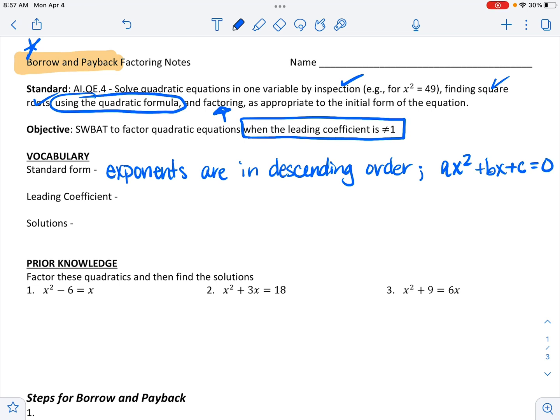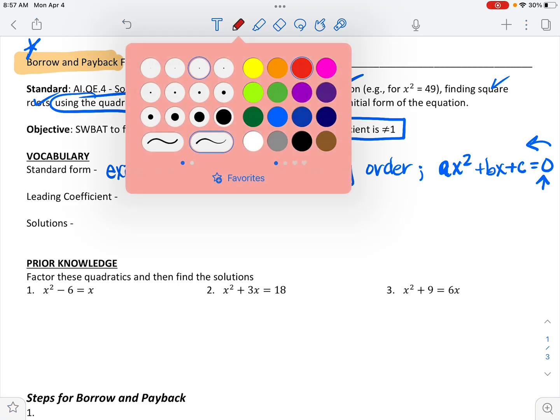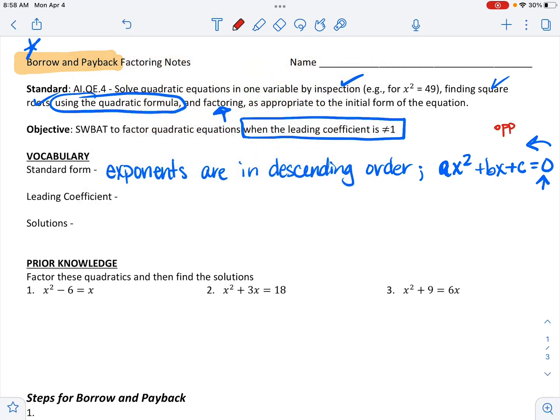So you have to move everything to the left until you get a 0 on the right hand side. And remember, you always do that by doing the opposite operations.